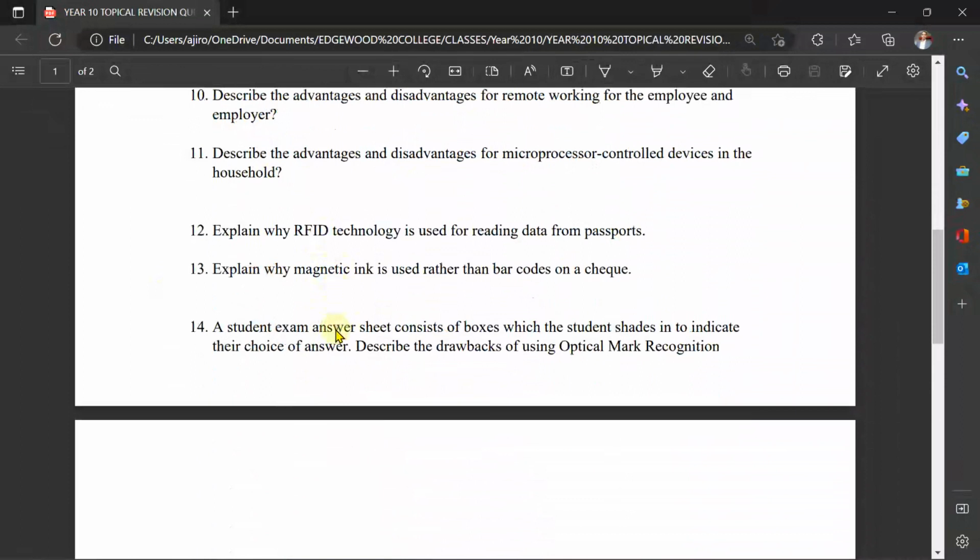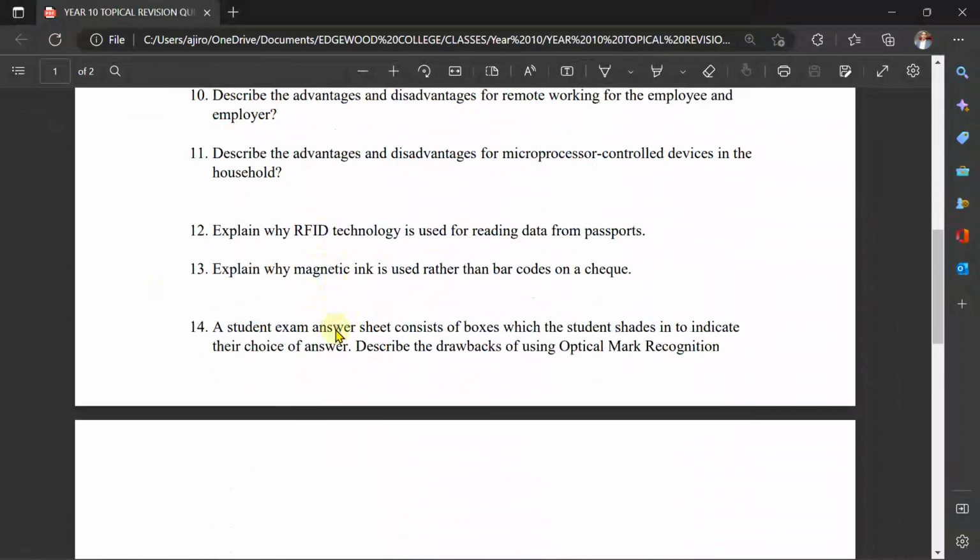Now, to answer our question, describe the drawbacks of using optical mark recognition. If the marks don't fill the space correctly, or overfill the space, it may not be read correctly, and that can actually be a problem. You might not get the mark.